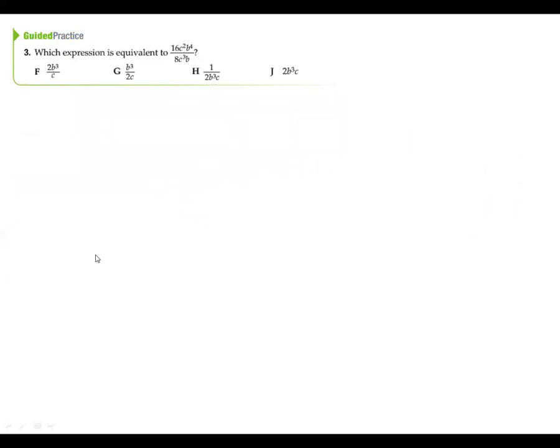Which expression is equivalent to 16c squared b to the 4th over 8c cubed b? Go ahead and pause the video. All right, we're back. So the numerator and denominator both have a factor of 8. They both have a c squared, and they both have a b.